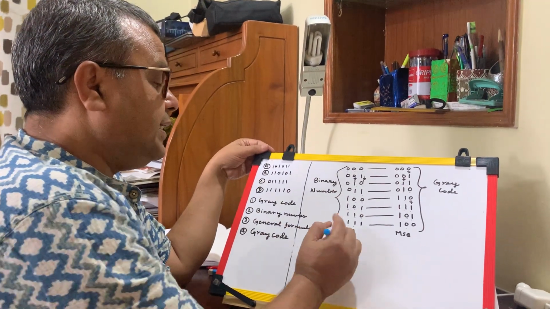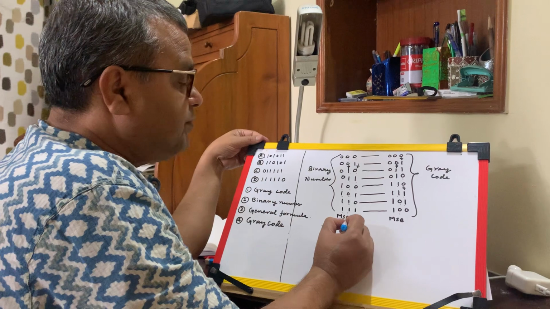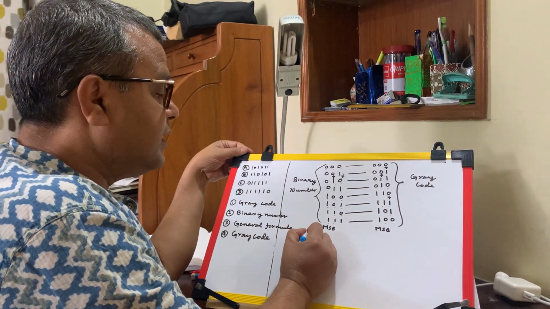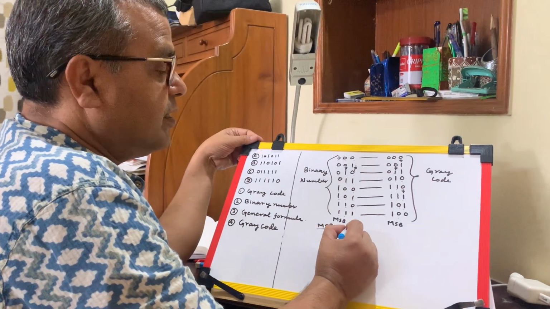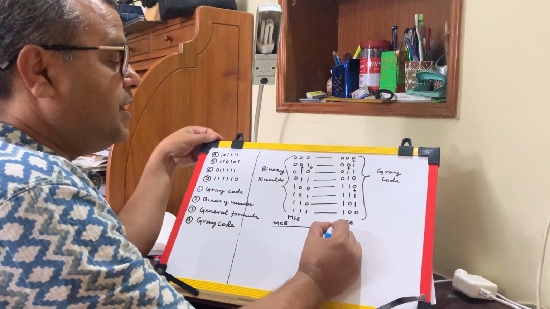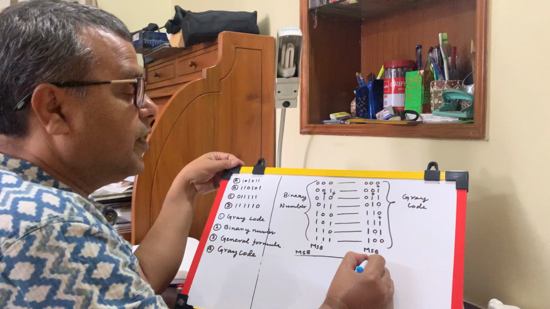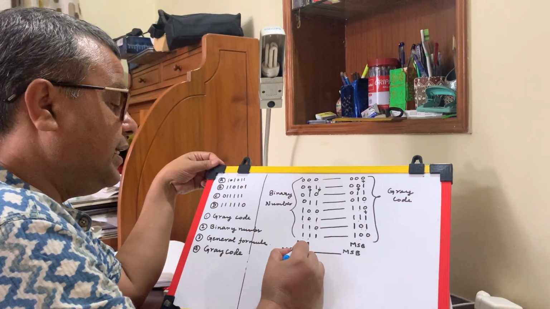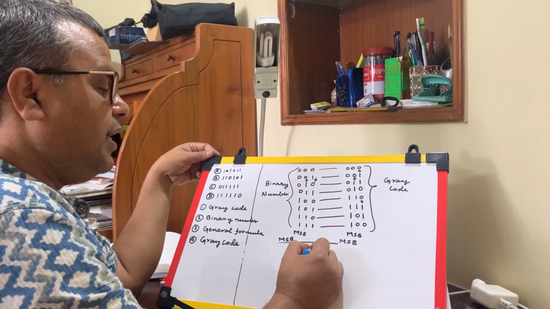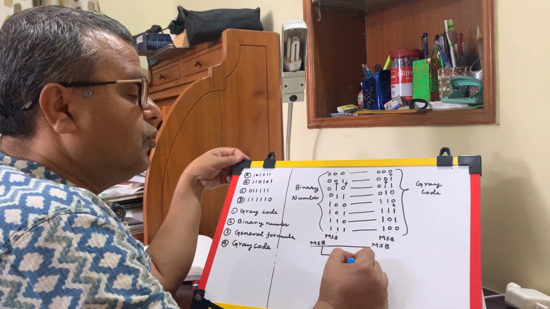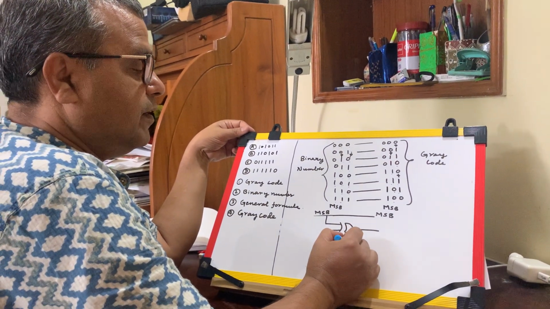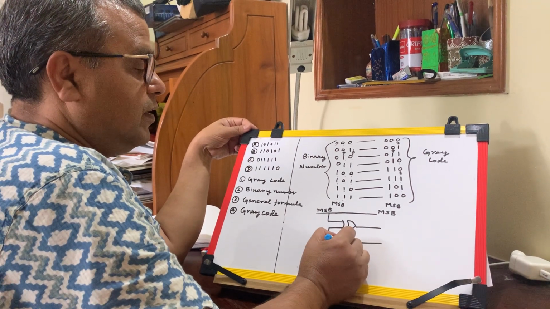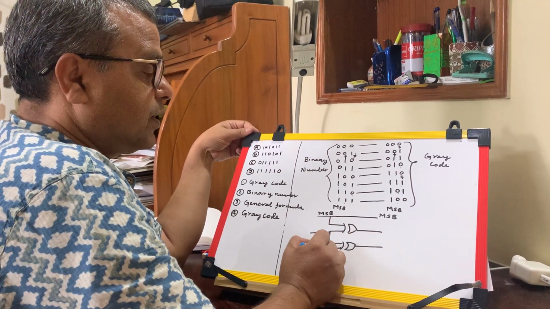So we can say that the formula would be something like this: the MSB of binary will be the MSB of gray code, and after that we have to take XOR to find the other bits.